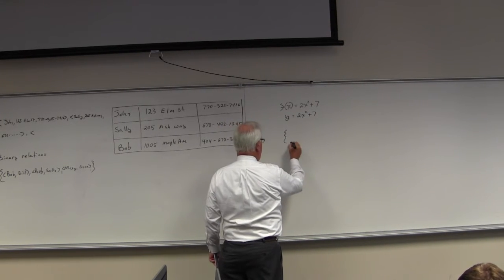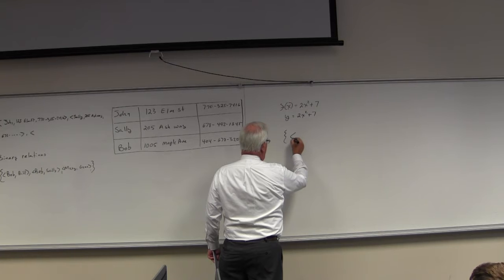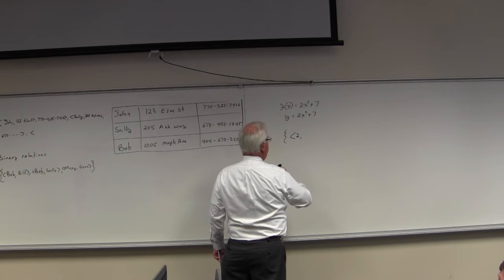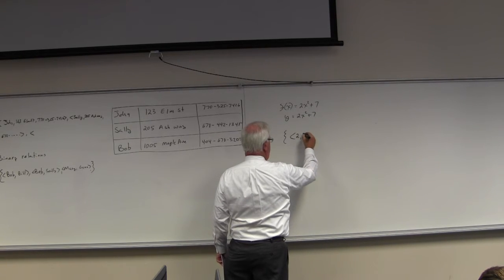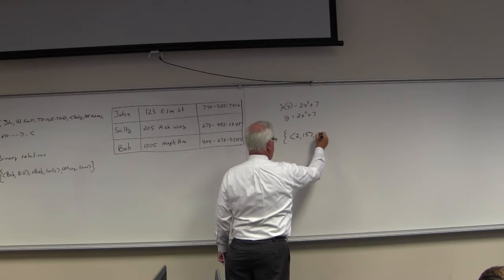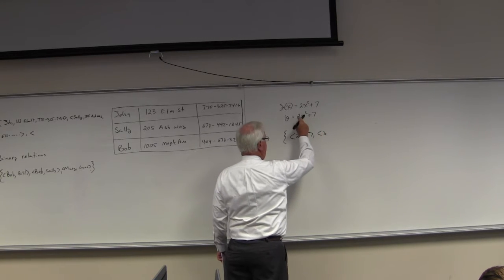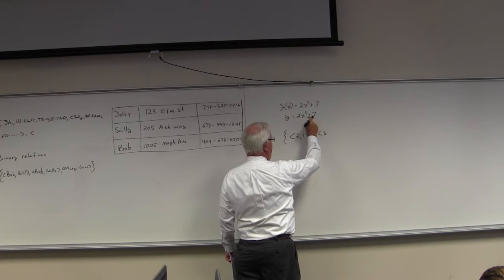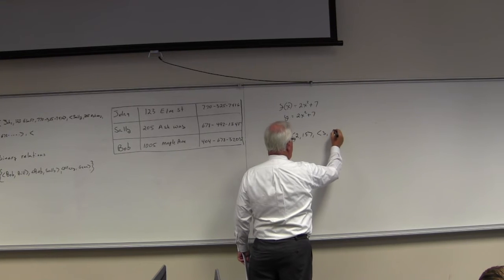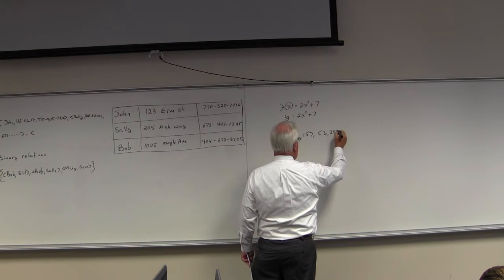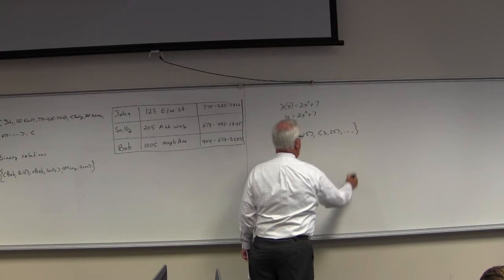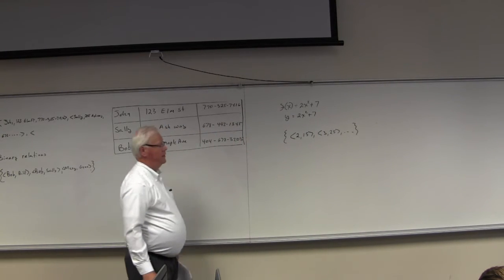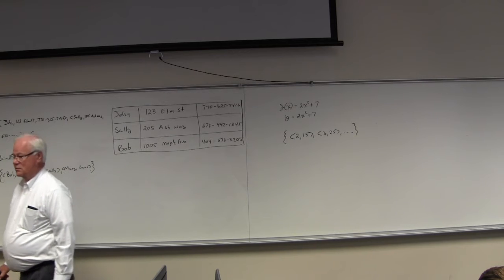So if I put down 2 for the x, then it's going to be 2 times 4, right? Which is 8 plus 7 is 15. And if I put 3, that's 2 times 9, which is 18, plus 7 is 25, is that right? Etc. Okay? Does everybody see how that works?